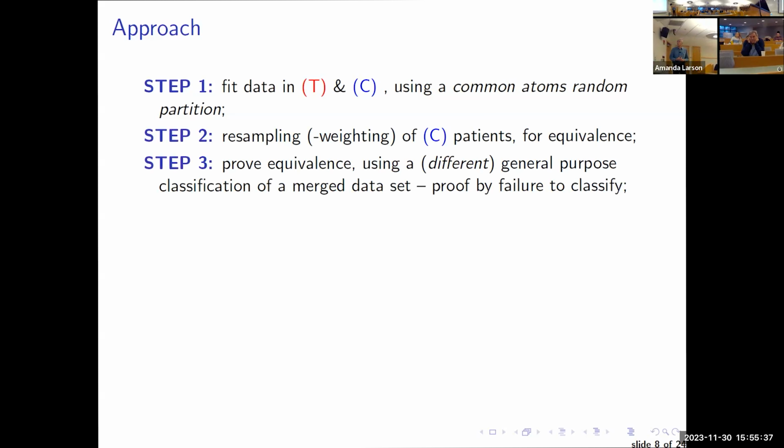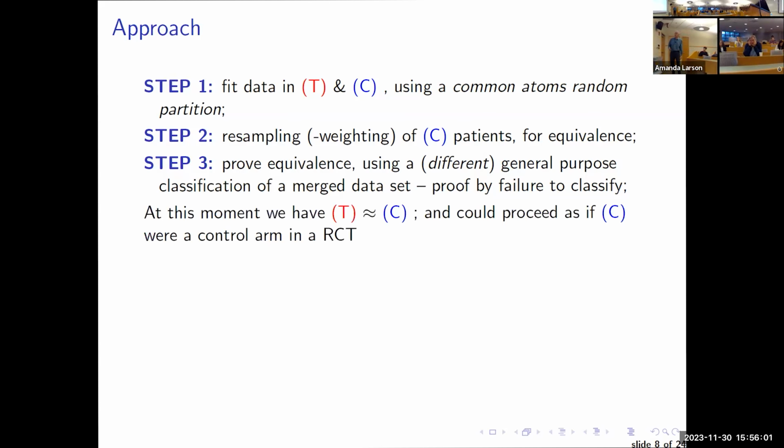At that moment, you could check that they are equivalent. Just use whatever is your favorite universal classifier method. And if that universal classifier produces an ROC curve that is the 45-degree line, then you can declare victory. If you get an ROC curve that means you can still tell the two apart, then you have to try harder.